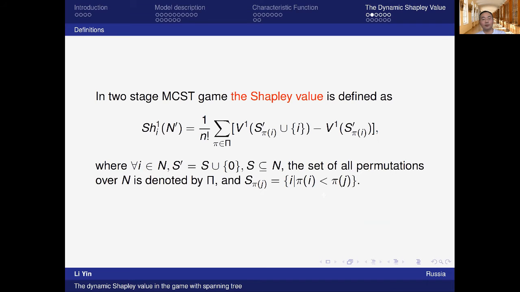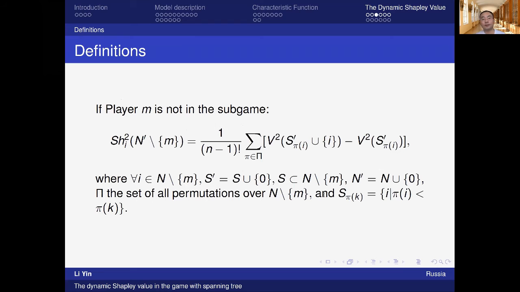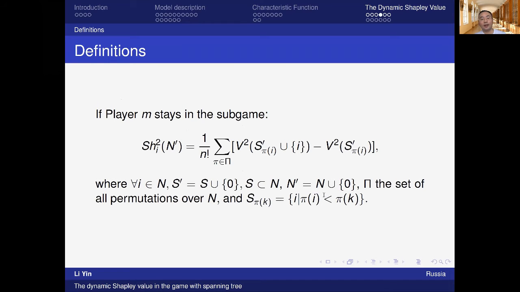And according to definitions of all above, we can define the Shapley value in two-stage minimum cost spanning tree game. In second stage, if M is not in subgame, the Shapley value is defined like this, and if M stays in the game it is defined like this.